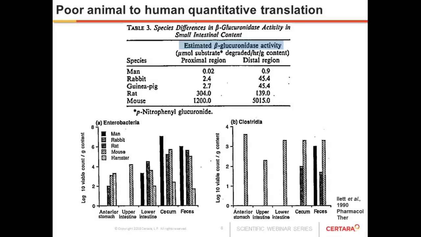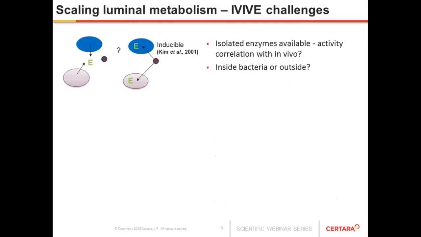So I think then there is a way to rely on in vitro experiments and scale it to human condition via PBPK. But then there are some challenges, especially for luminal metabolism, because there is a very small amount of information available. So the first question is, is the enzyme secreted?